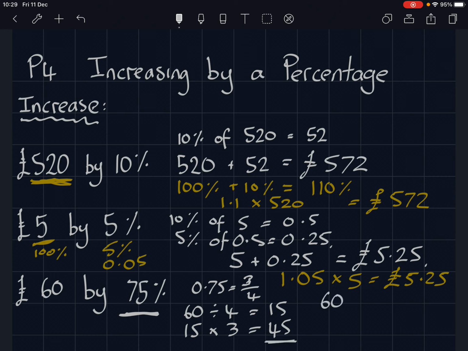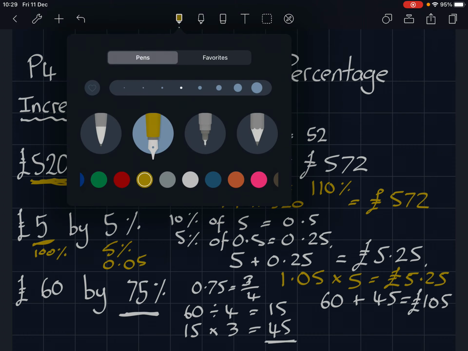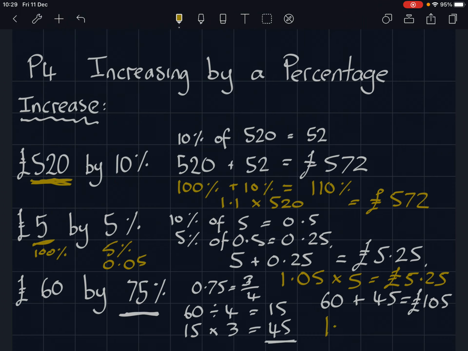So we add them together. 60 plus 45 gives us £105. As a decimal multiplier, we could use the number 1.75 and times that by 60 to get the same answer. So multiple ways of doing some of these problems, and I shall see you in P5.